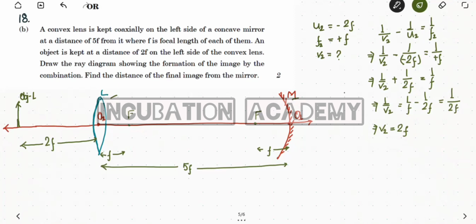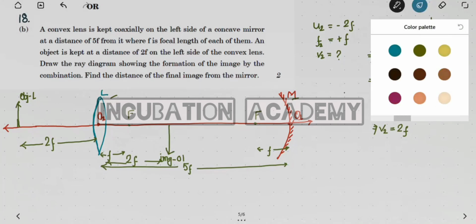The object distance is negative on the left side of the lens, so the image distance is positive here, and the image is inverted. So I am drawing it like this. That is the image formed by the lens, and the distance is 2f.